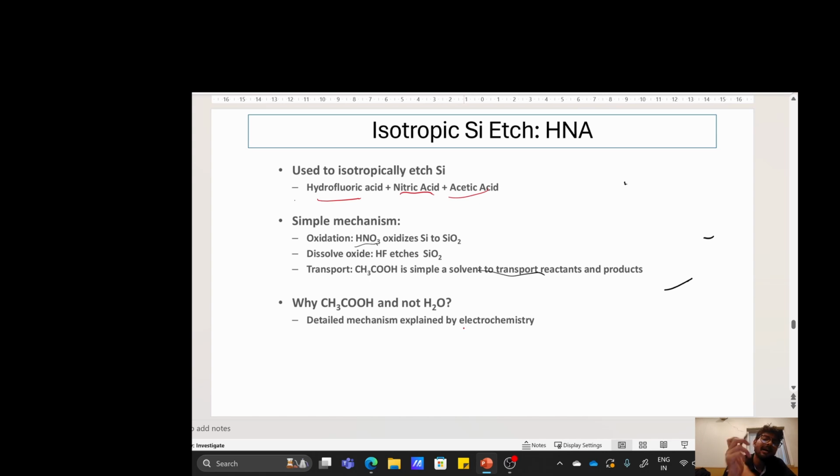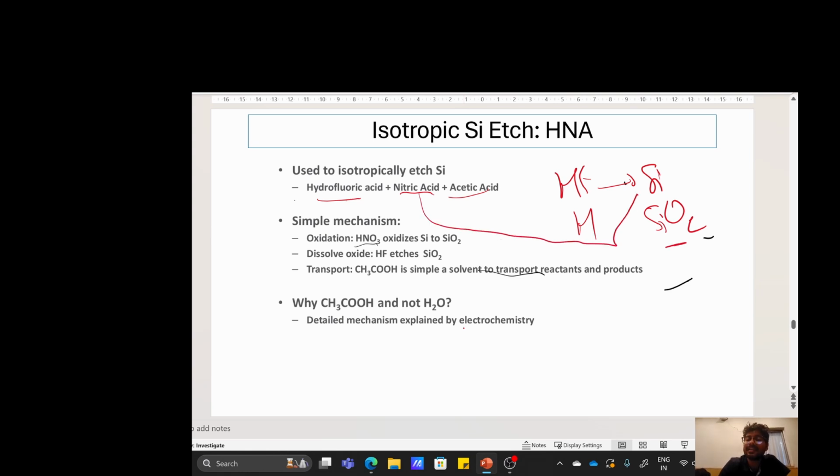HF doesn't etch silicon, but HF can etch SiO2. First, HNO2 will convert silicon to SiO2. So the simple thing is HNO3 will oxidize silicon to SiO2.